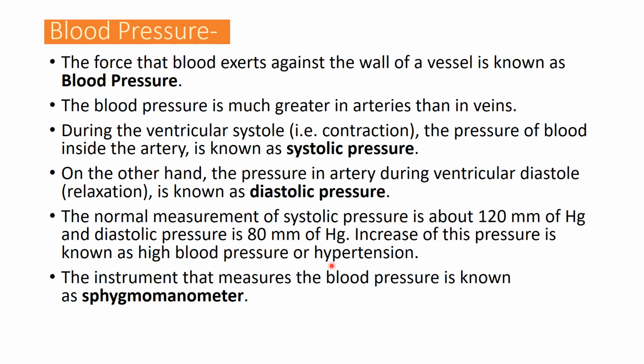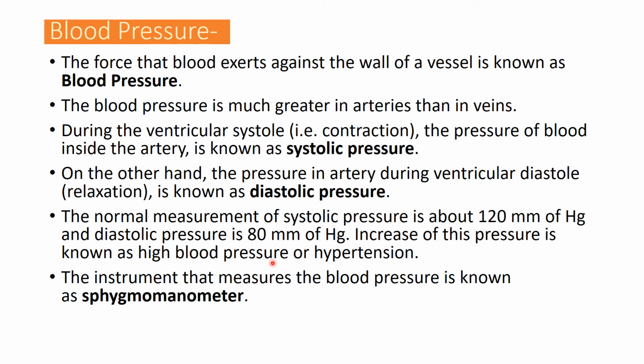So when do we say that a person is suffering from high blood pressure or hypertension? When his or her blood pressure, that is the systolic pressure, is more than 120 mm and diastolic pressure more than 80 mm, then we say that person is suffering from high BP.